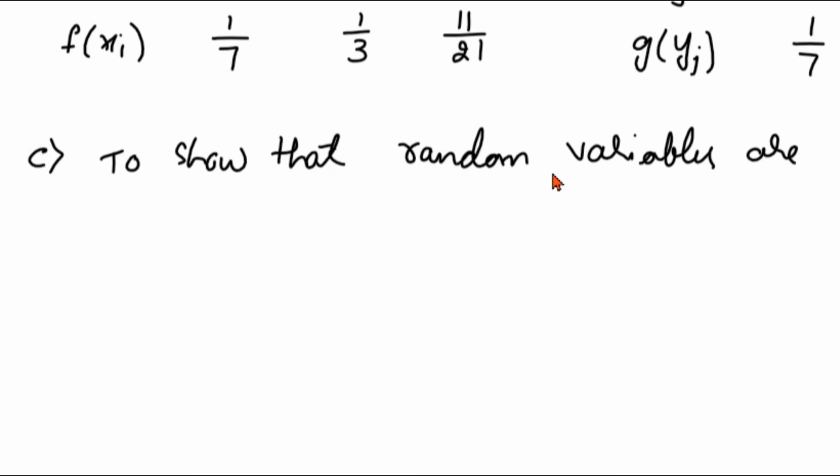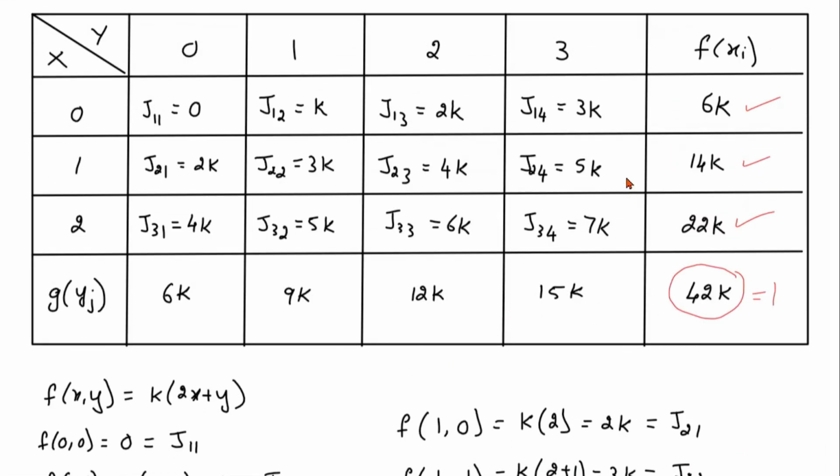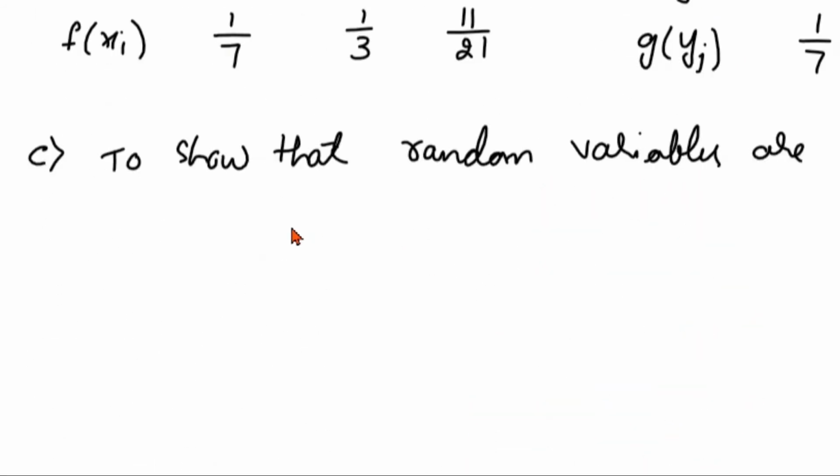I'll be using the table here. If I take the f of xi value and multiply it by the g of yj values, those values will not be equal to the entries gij. You have to get the result f of xi into g of yj is not equal to gij.